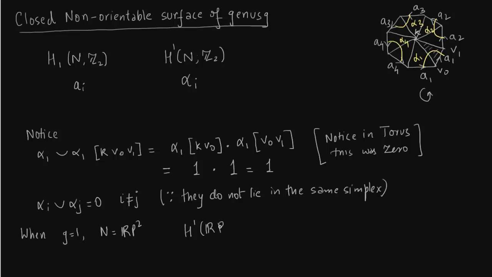We go from the cohomology of RP2 times the cohomology of RP2. So alpha 1 cup with alpha 1 is the generator of the cohomology H2. So you take the cohomology group H1, and the cup product generates H2. And that is the end of the story.